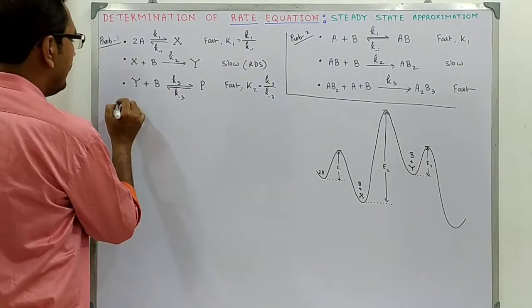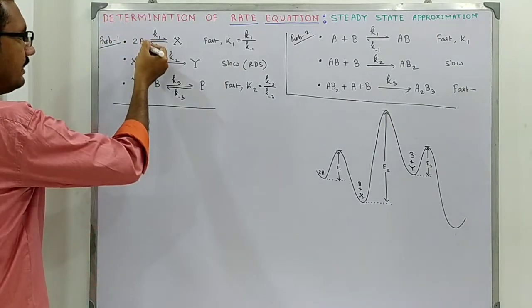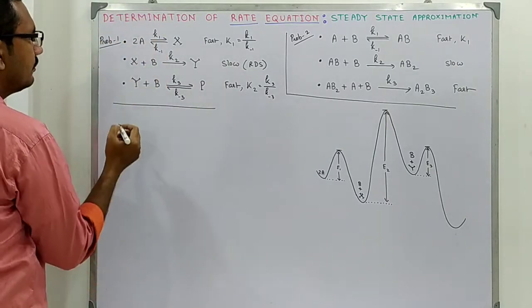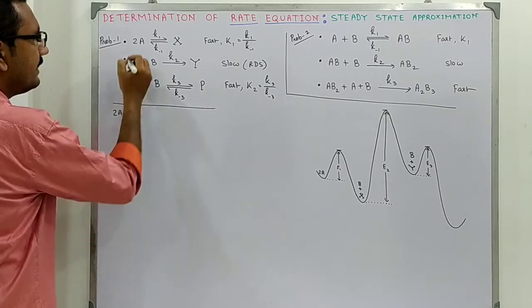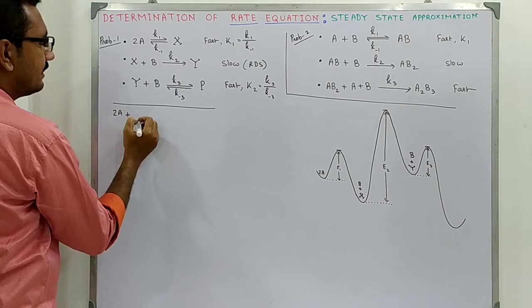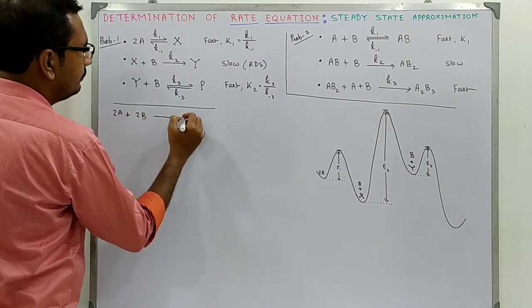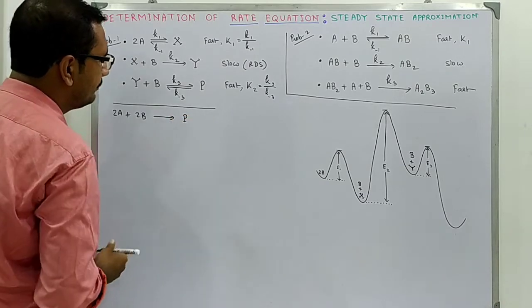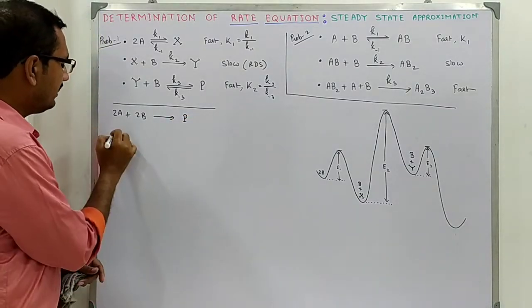Now let us add these steps. So on the left hand side we will have 2A, X will cancel, Y will cancel, so it will be 2A plus 2B arrow P. This is the overall reaction. So what will be the overall rate of the reaction?